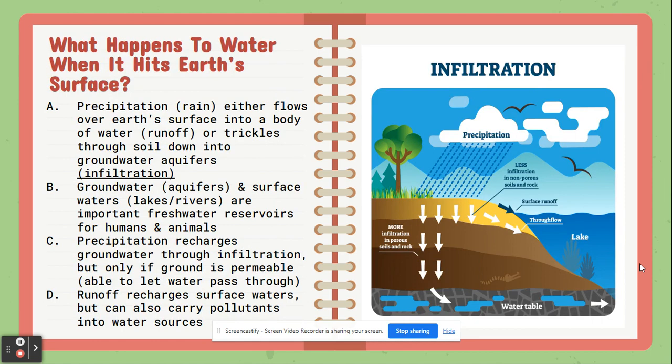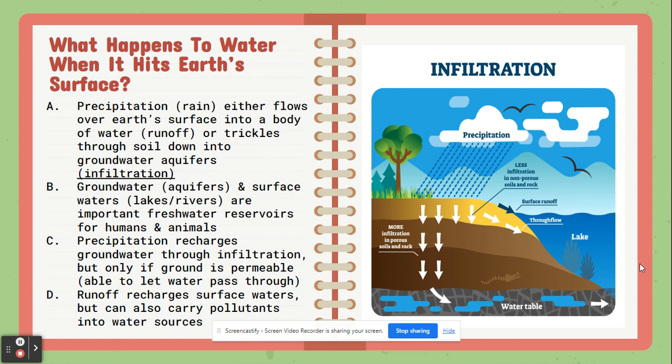Now, what happens when water evaporates, turns from a liquid to a gas, and goes up into our atmosphere? Eventually that water is going to condense and cool and form precipitation. That water returns to Earth in the form of rain or snow or hail. When that precipitation flows over Earth's surface, it can go many different ways.